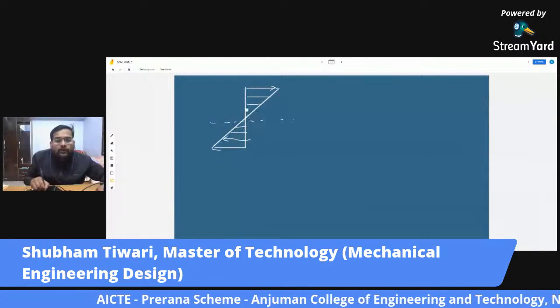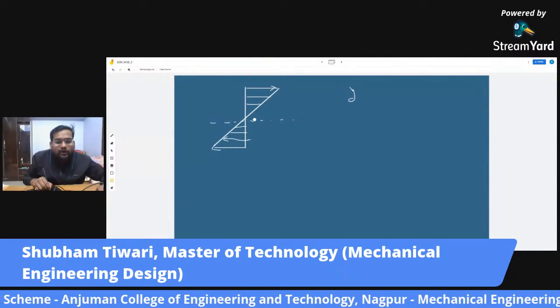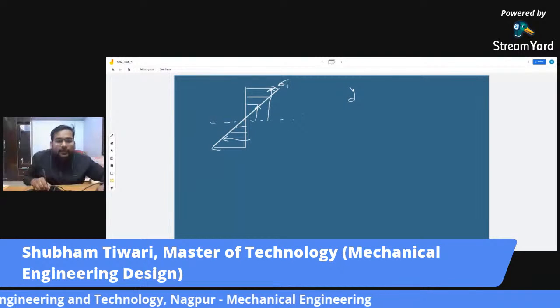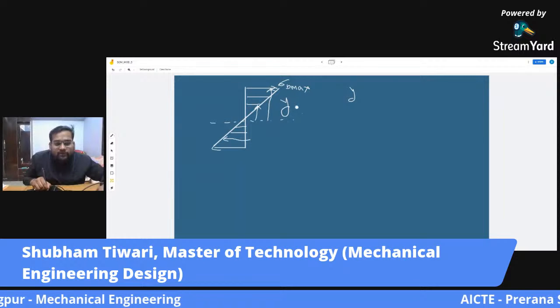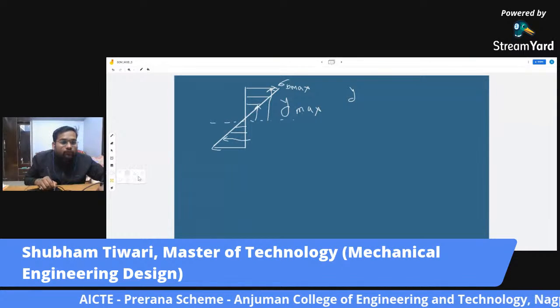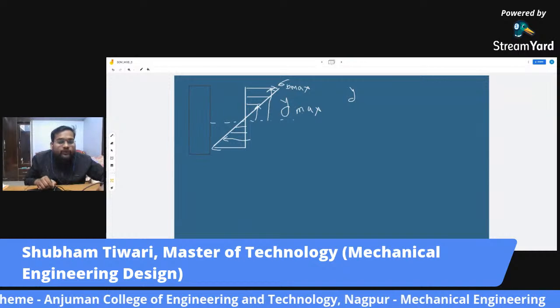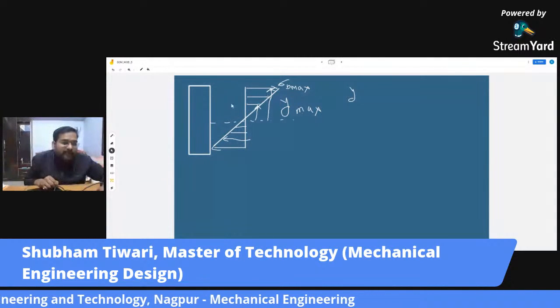Okay, so now you are given the value of the maximum permissible stress, sigma b max, and also the value y max. Let's say it is a rectangular beam. This rectangular beam has been subjected to bending stress.